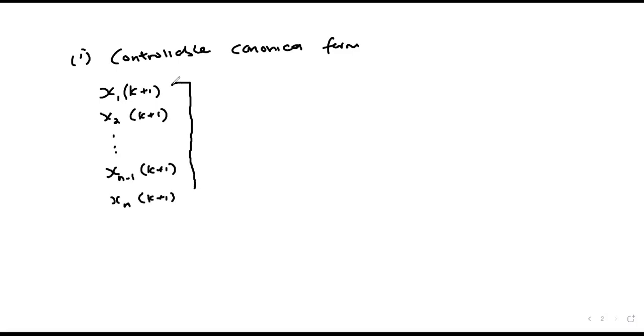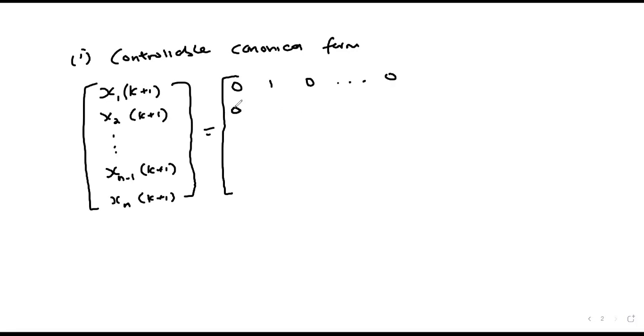So this vector x(k+1) will be equal to the matrix G, where matrix G is defined by the first row starting with 0, 1, and all the other terms 0.